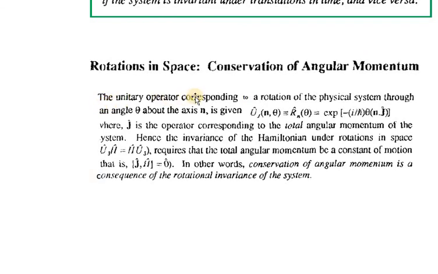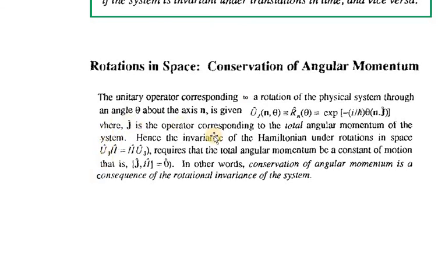The unitary operator corresponding to a rotation of the physical system through an angle theta about the axis n is given by U_n(theta) equal to R_n(theta) equal to e power, just as we did earlier, e power minus i by h cross theta n dot J, where J is the operator corresponding to the total angular momentum of the system.